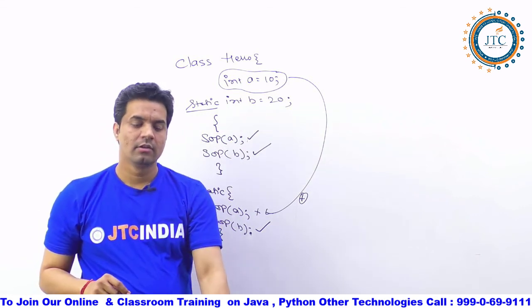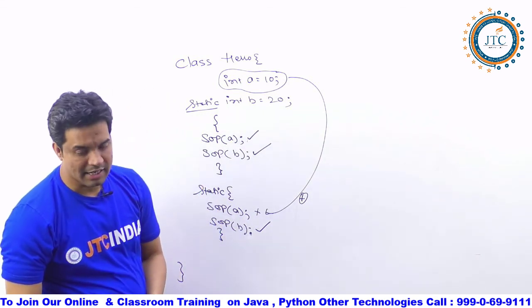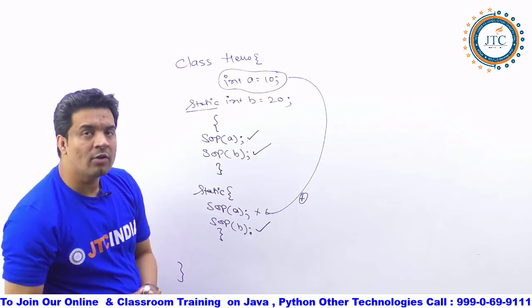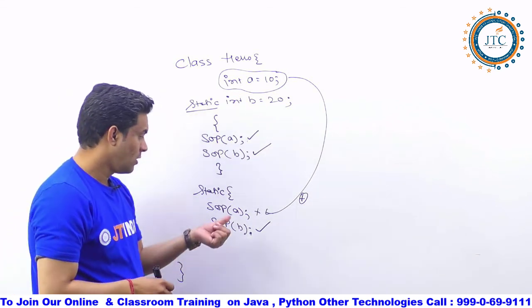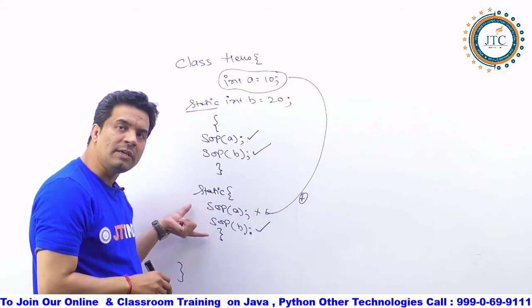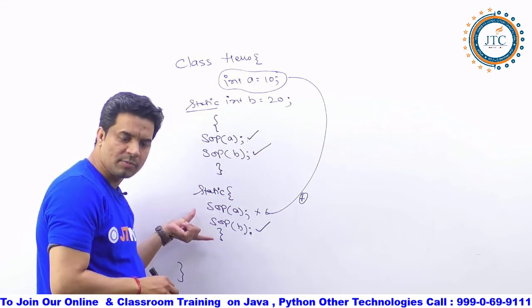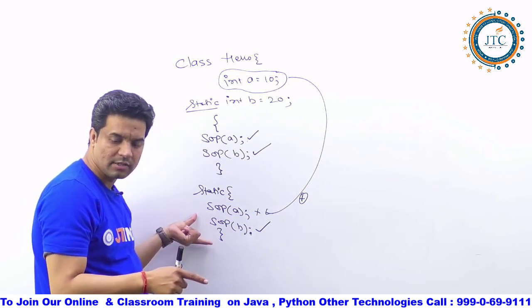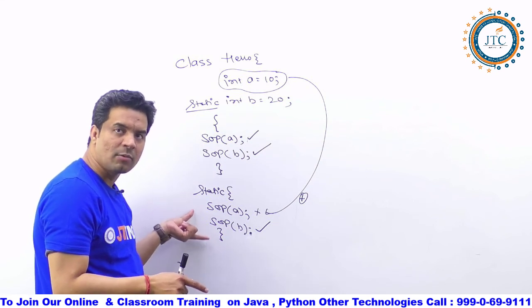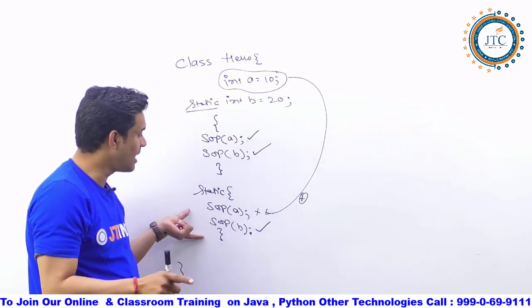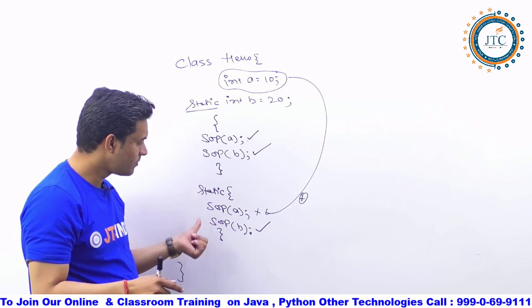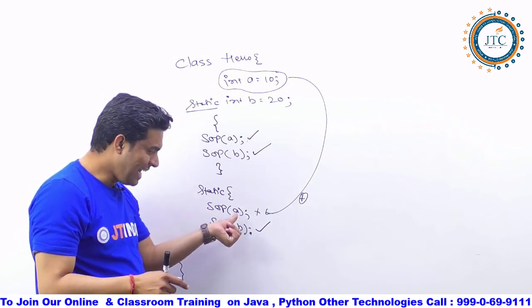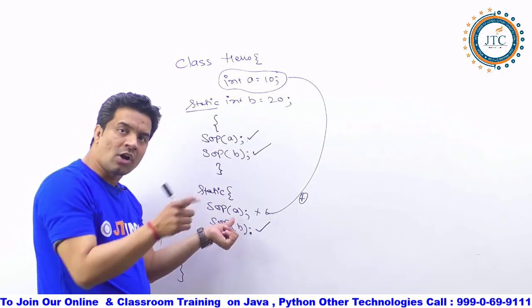Because, see, yes, any answers? This cannot be accessed because whenever this static block is being processed, just now we have seen it in the past, at that time the memory for A has not been allocated.